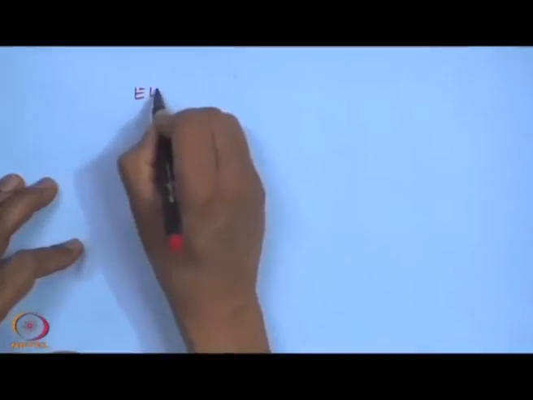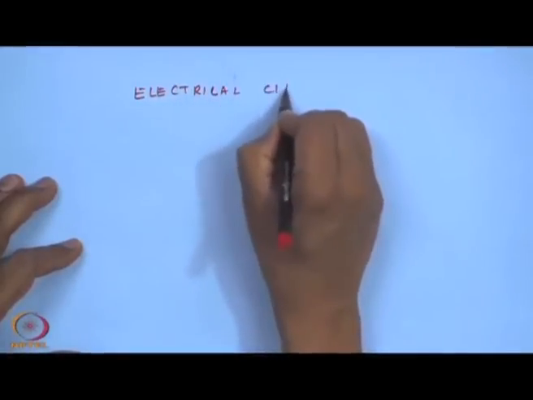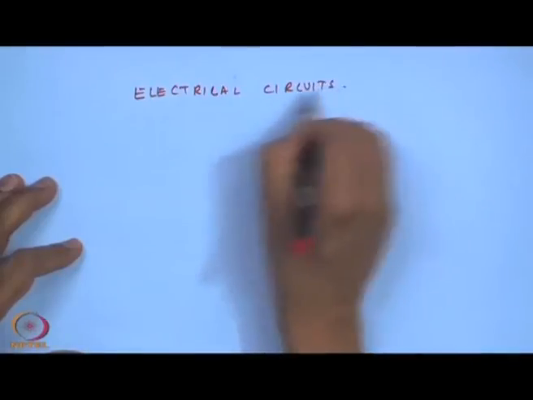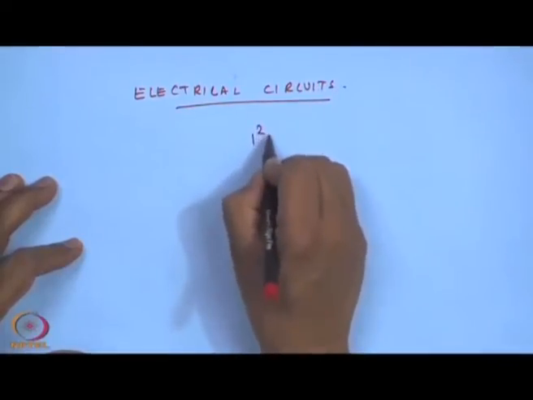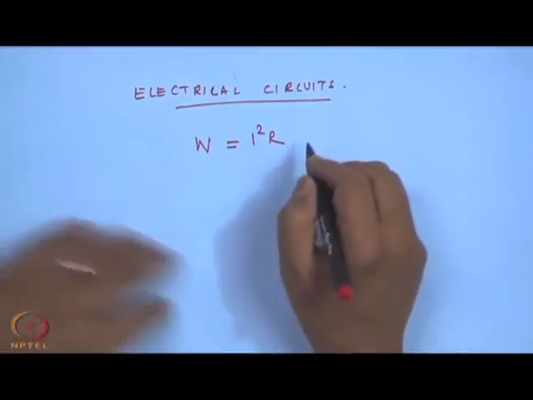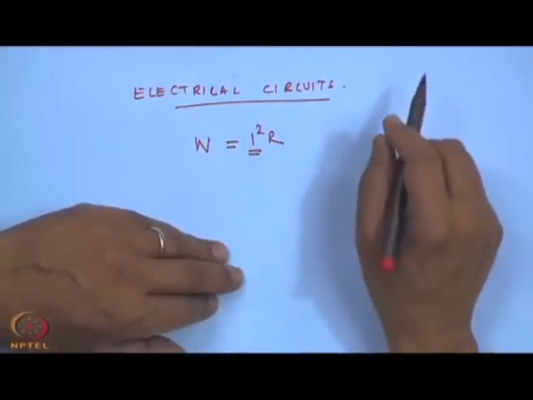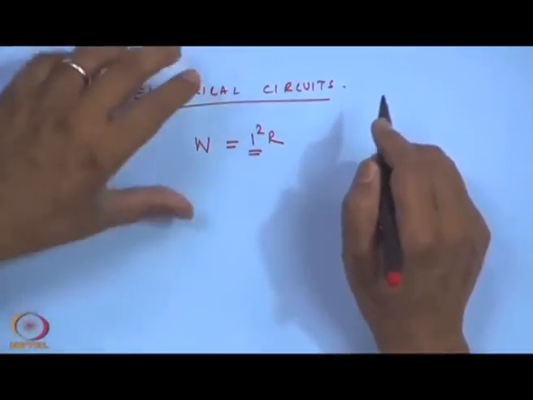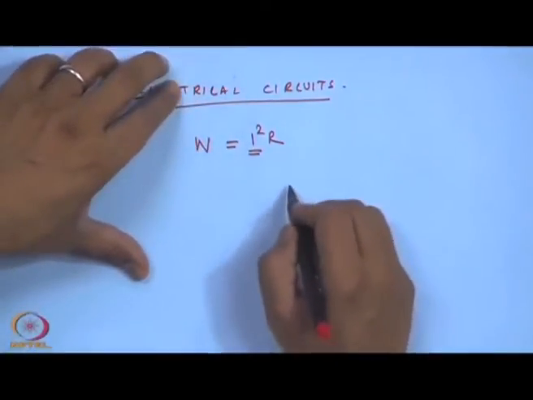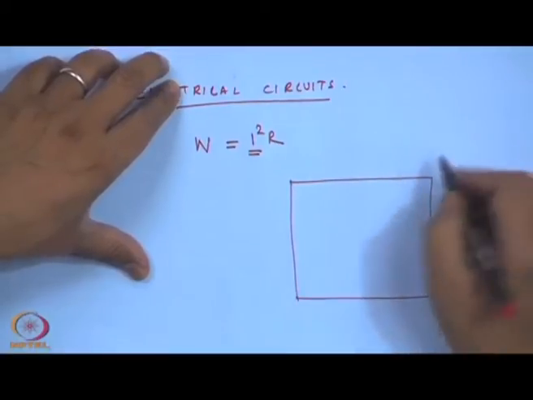For example, in electrical circuits, the heat radiation is because of I square R. Okay. And if the current increases, the heating effect of the current produces this temperature. And imagine you have a control panel, particularly in ships this is used.